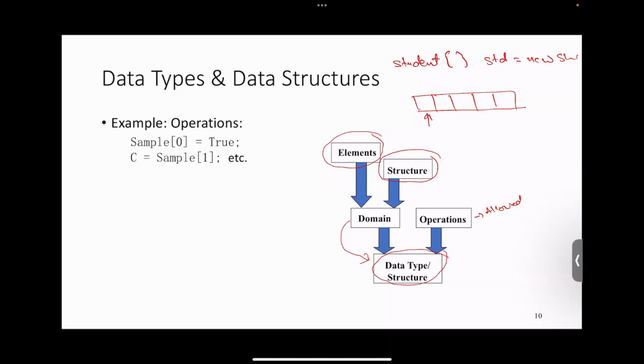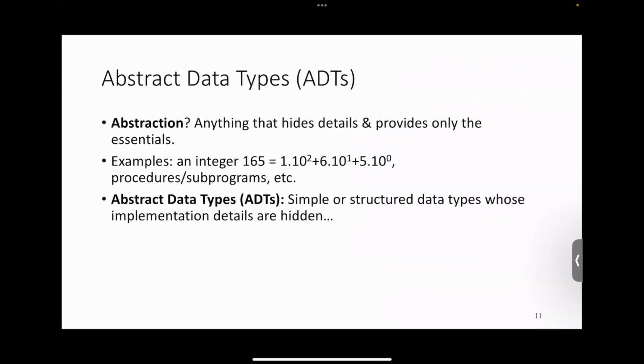So it may be an individual element, or it may itself be another structure as the allowed domain value. Okay, now another concept which is called the abstract data type.